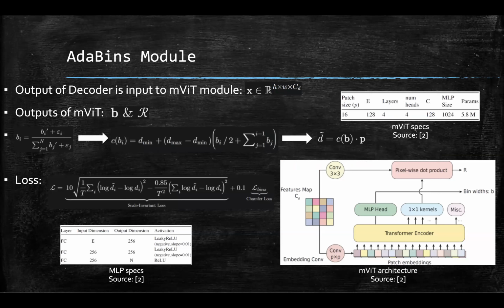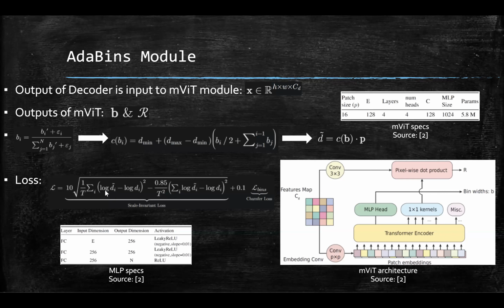The loss is calculated based on the logarithmic difference between the predicted depth and ground truth depth. This transformation is important because depth perception is often logarithmic in nature, meaning that we are more sensitive to changes in depth when objects are closer. And with a logarithmic function, we can model that.